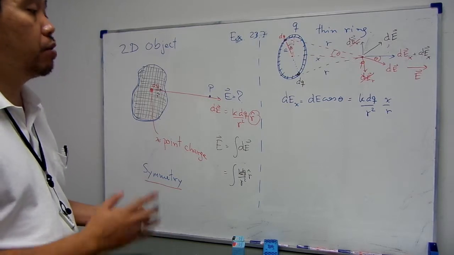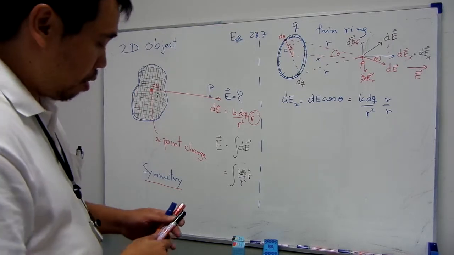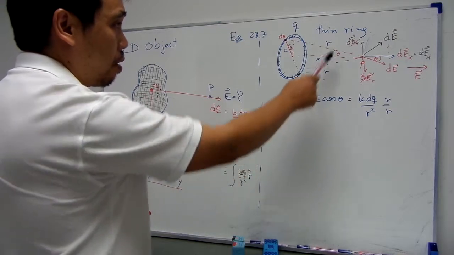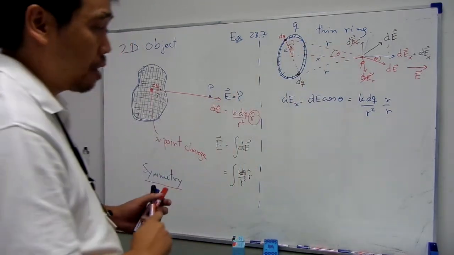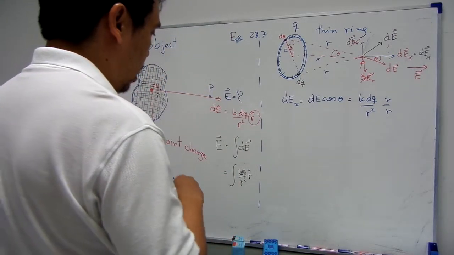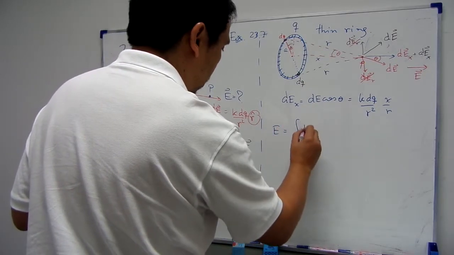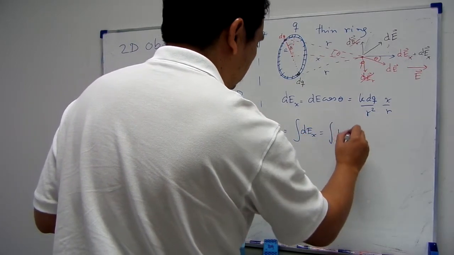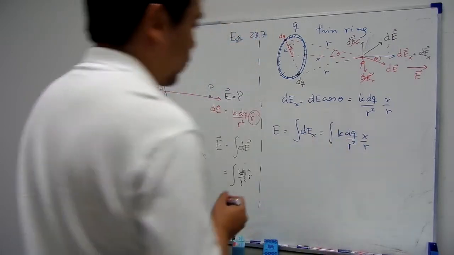What we need to do is calculate the magnitude of E. So the magnitude of E must equal the sum of this dE_x because all dE_r cancel. So E is equal to the integral of dE_x, which is equal to the integral of k dq over r squared times x over r.